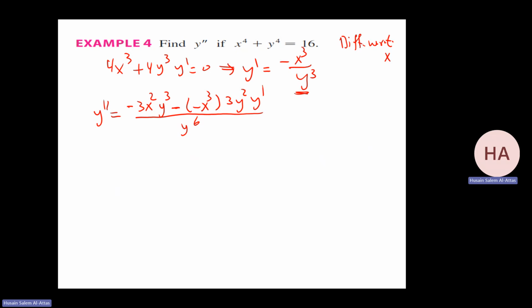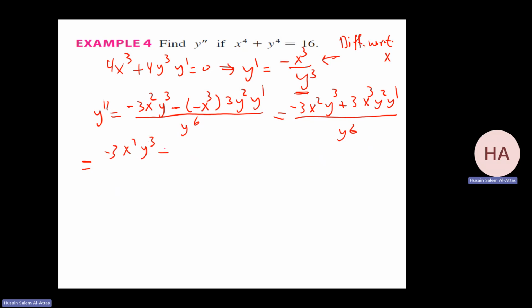Now do the calculation. That will be minus 3x squared y cubed plus 3x cubed y squared y prime over y to the power 6. I know y prime, so plug it here. The same idea. That will be minus 3x squared y cubed plus 3x cubed y squared times minus x cubed over y cubed, this is over 1, all over y to the power 6.